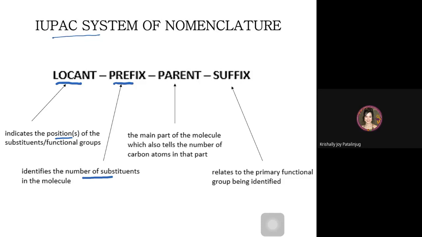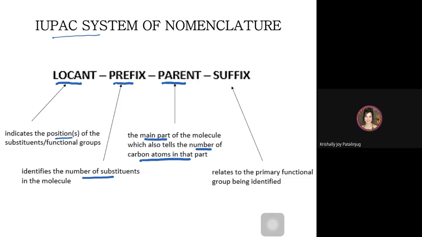And then, the heart of any organic molecule name is the parent chain. The parent chain selects the main part of the molecule, which tells us about the number of carbon atoms in that part.